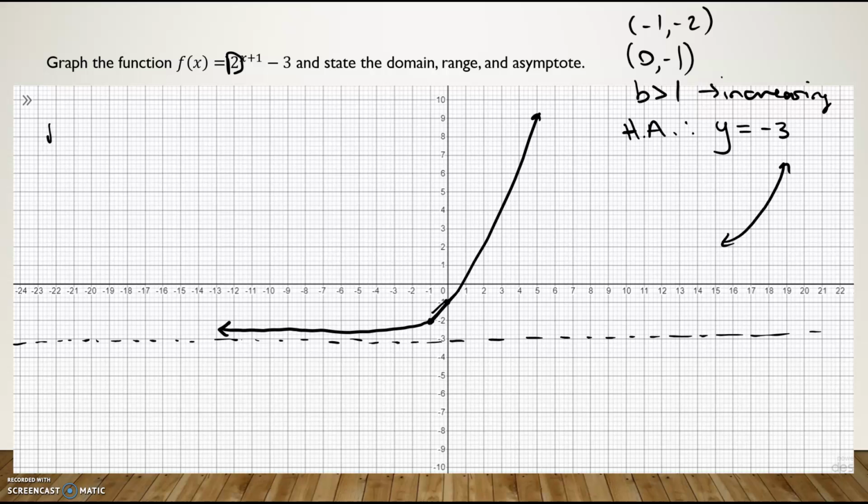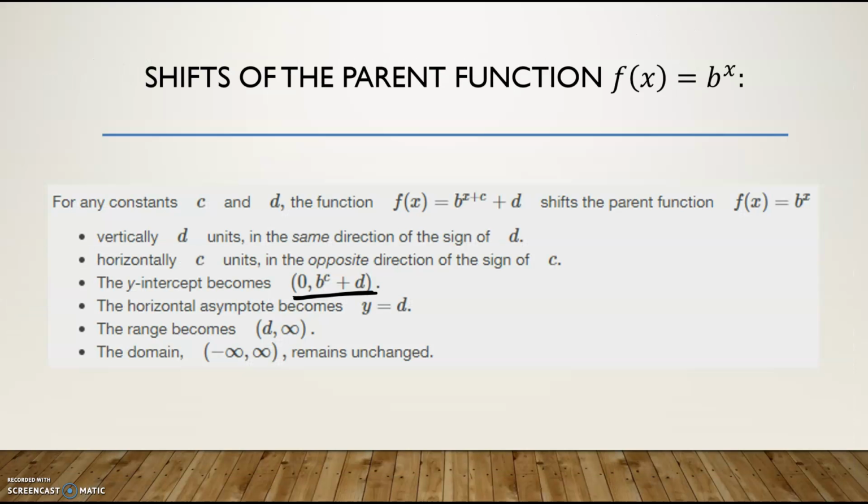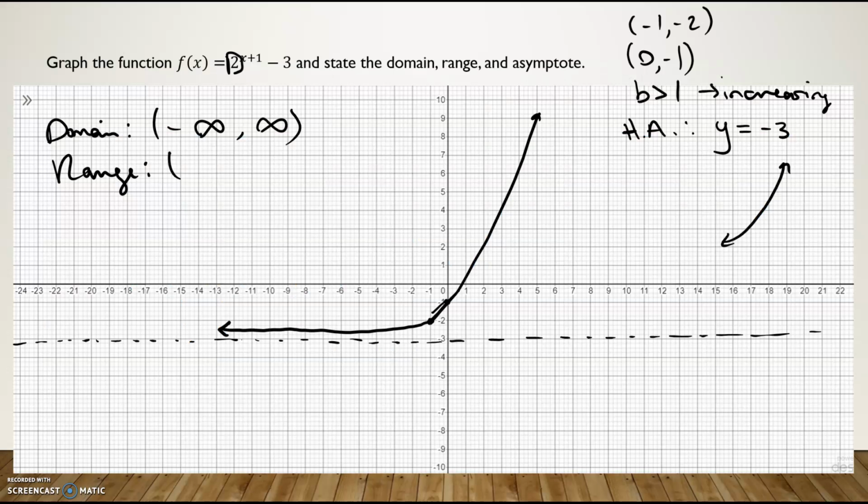Okay, so let's state the domain. Well, that one should be easy because for exponential functions, it's always going to be from negative infinity to positive infinity. Our range, remember, starts at D. So our D is -3, and goes to positive infinity.